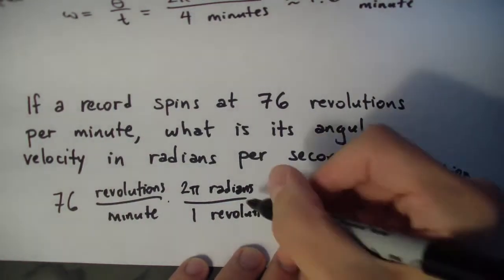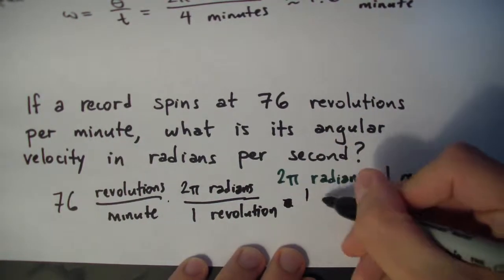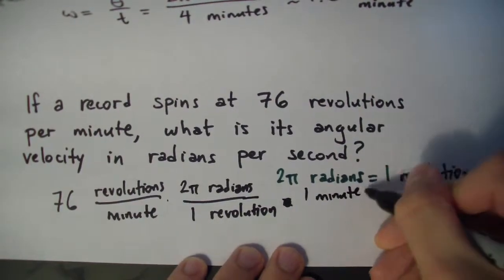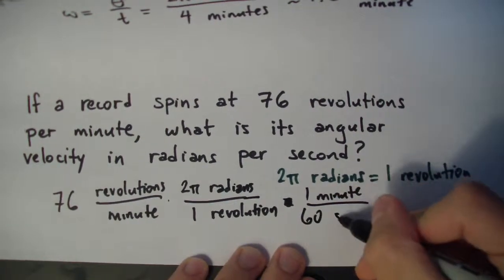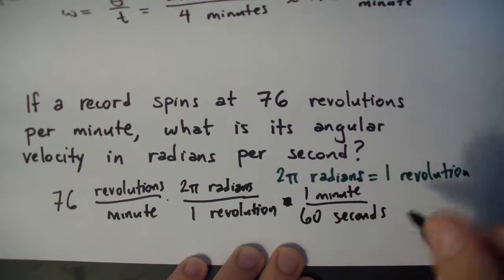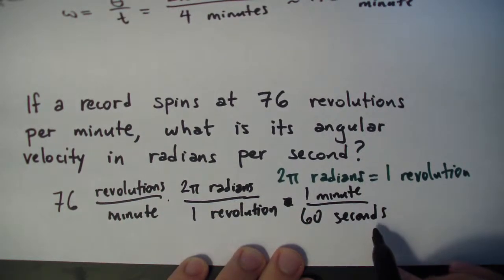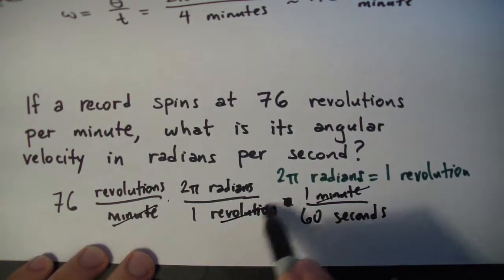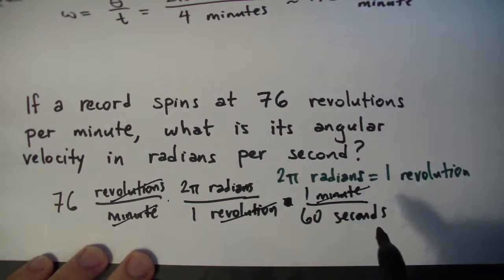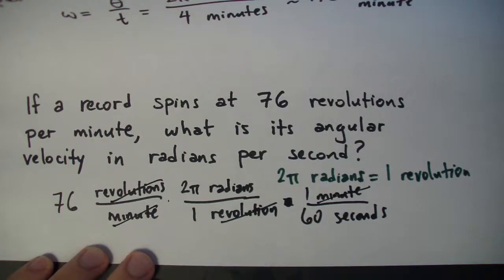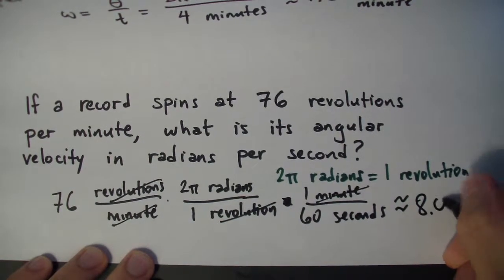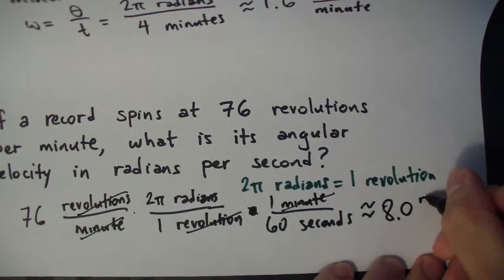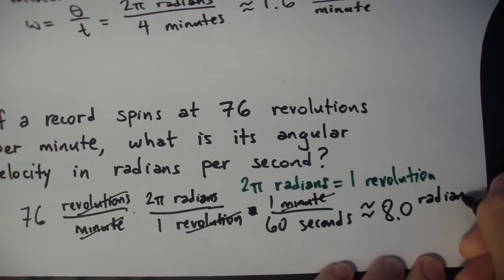We need to multiply by 1 minute divided by 60 seconds, because there's 60 seconds in a minute. And this will cancel the minutes, the revolutions, and leave us with radians per second. When you multiply this out, you get approximately 8.0 radians per second.